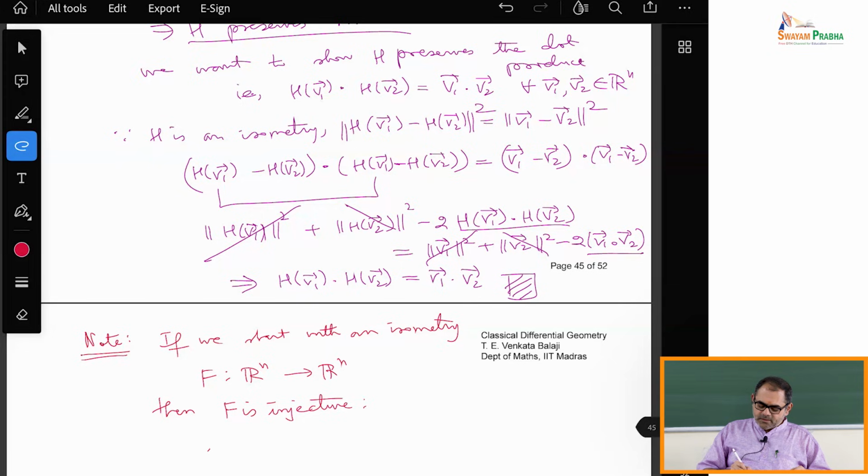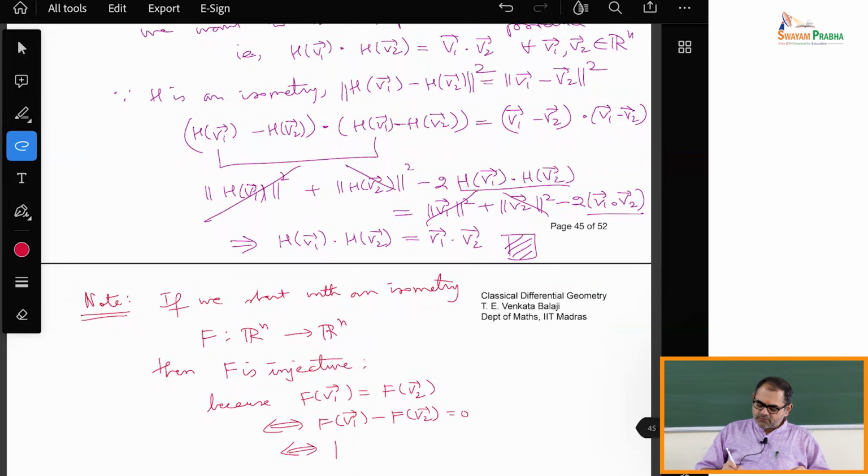Because f v1 is equal to f v2 if and only if f v1 minus f v2 is 0.